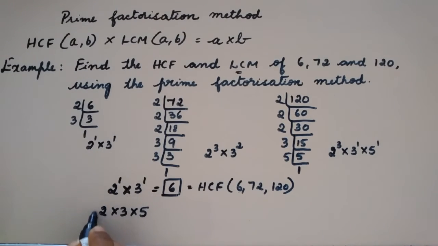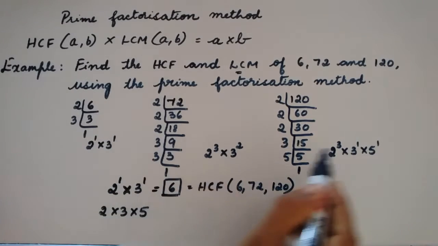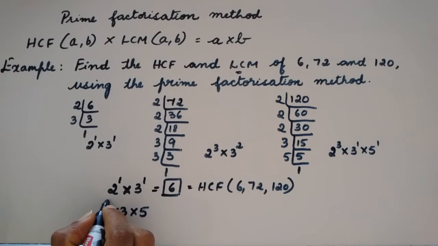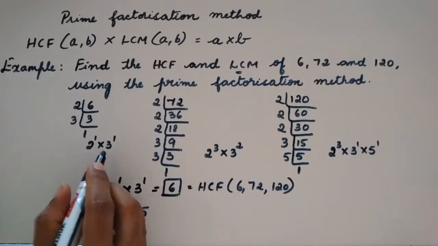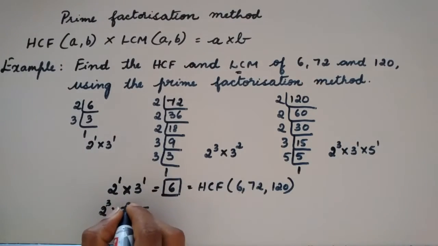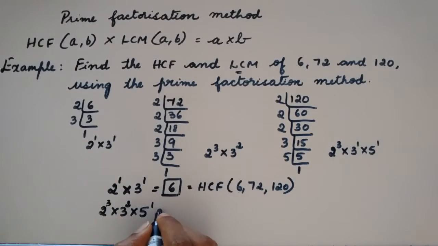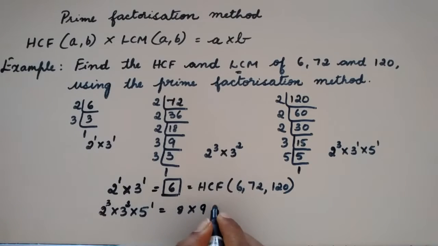Okay, so what is the highest power of 2 here? It is 2 to the power 3. And which is the highest power of 3 here? It is 3 to the power 2. And the highest power of 5 is 1, isn't it? So we get here 2 to the power 3 is 8 and 3 to the power 2 is 9 and 5 to the power 1 is 5.